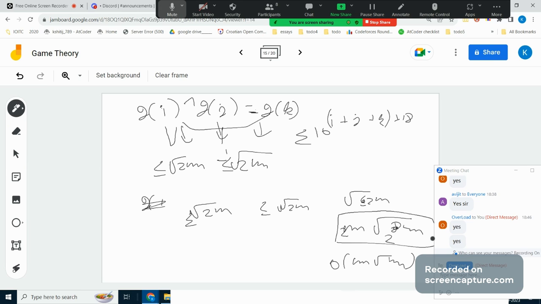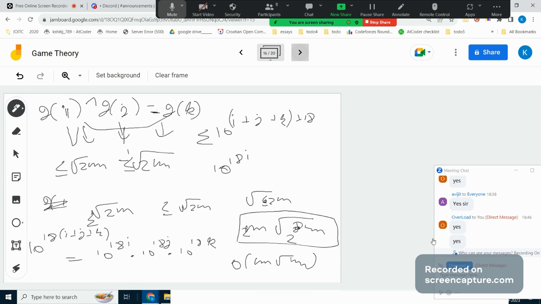And now notice that 10 to the power 18(i plus j plus k) equals 10 to the power 18i into 10 to the power 18j into 10 to the power 18k. So for a fixed Grundy value, you calculate the sum of 10 to the power 18i.